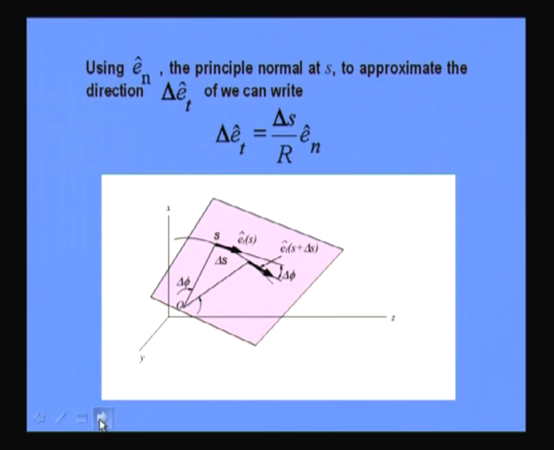Using En, the principal normal at S, to approximate the direction of delta ET, we can write delta ET equal to delta S divided by R times En, where En is the unit vector normal to the tangent.